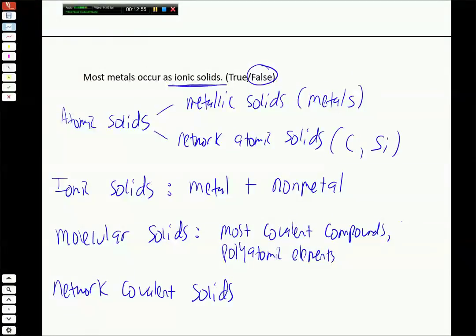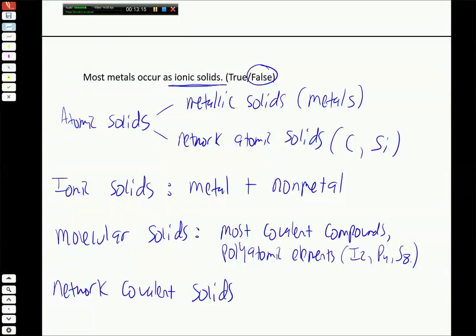So things like water, ammonia, and all those would form molecular solids in the solid phase. Polyatomic elements, the ones that are solids at room temperature anyway, would be like I2, P4, S8. So these are discrete molecules that have that many atoms in them, and they're held together by just dispersion forces. So those are molecular solids.